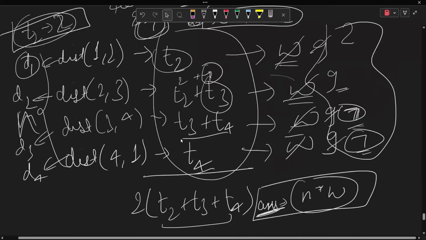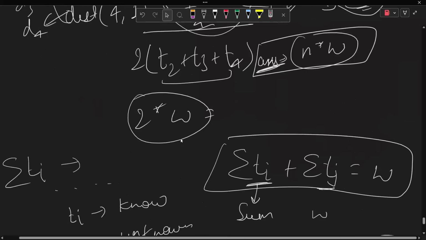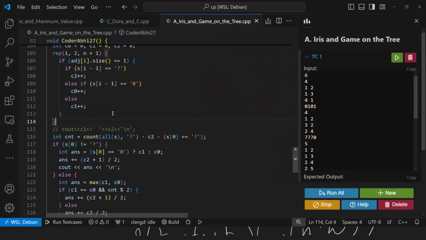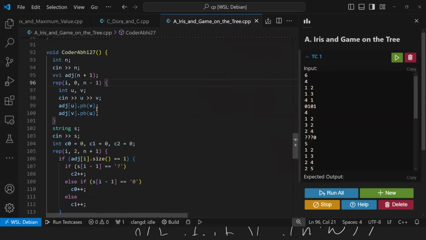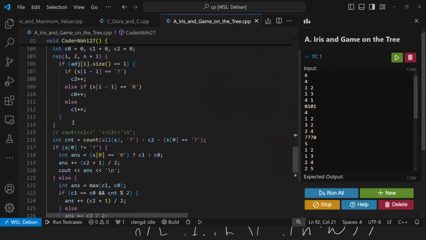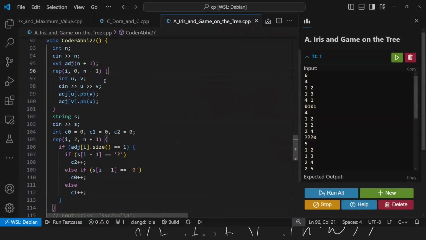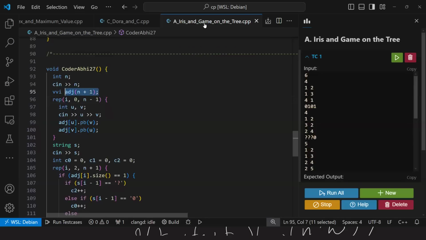You can just update your answer after every operation. So first, from the code only, let's see how I'm doing this. This is maybe a little difficult to explain. That's why I'm trying to explain you one by one through the code only what I'm trying to do.